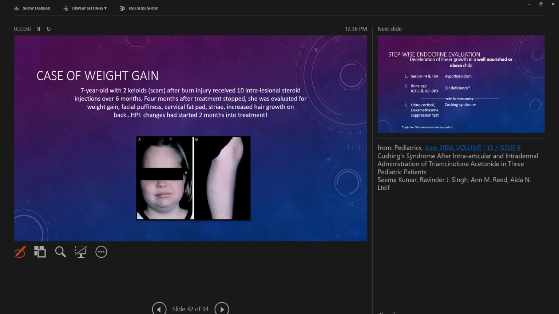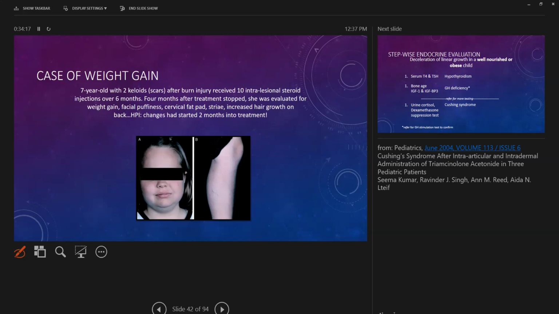All right, so here's a case of an abnormal weight gain. A 7-year-old with some keloid scars had a burn, and received some intralesional injections of the burn to try and prevent too much scarring.